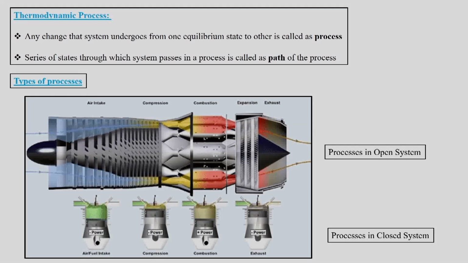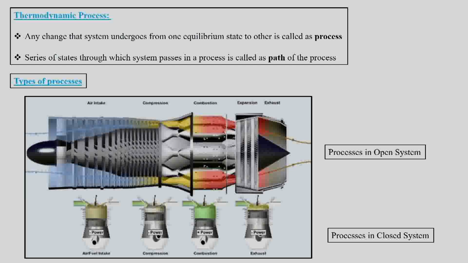So, in general, there are processes named isentropic process, where the process would retain the system's entropy throughout its path. Similarly, the process is called isobaric process, in which the system would retain its pressure from the start to the end. Then there is the isochoric process, where the system would retain its volume from start to end.